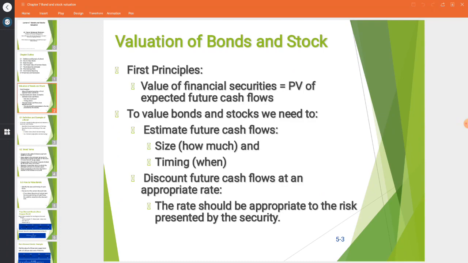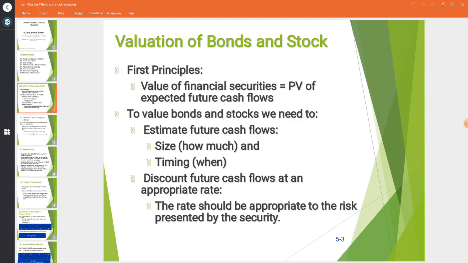When I say valuation of bonds and stocks, it means that we are interested to determine the market value of a financial security. This means that we are seeking to determine the present value of the expected future cash flows related to this security. To value bonds and stocks, we need to have the following information.